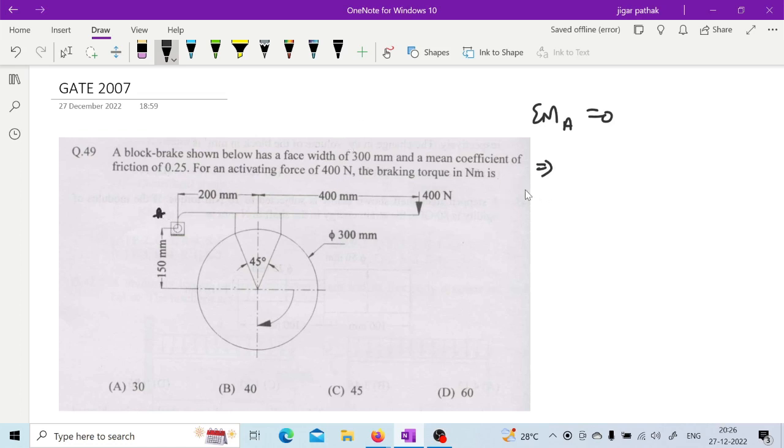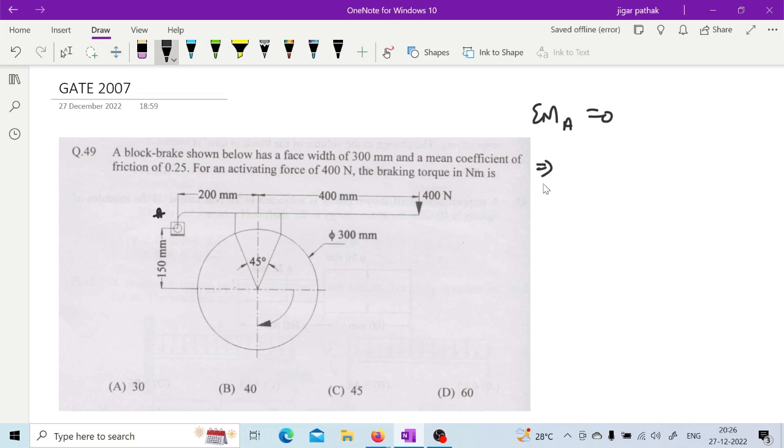For the angle of contact, if it exceeds 45 degrees, then it will be considered a long shoe, so you would need to go for greater than 45. Here it is provided exactly 45, so we are not going for that particular calculation of mu dash.